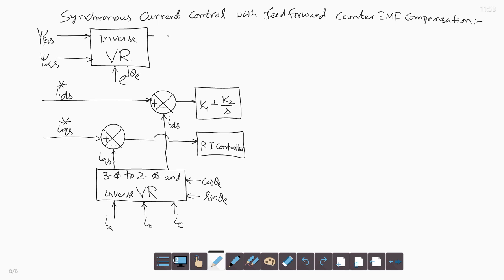So, it gives psi q s and psi d s from alpha beta to dq transformation using e to the power j theta e. With psi q s we multiply the frequency omega e and we get omega e psi q s. Similarly, with psi d s also omega e is multiplied and we get omega e psi d s.